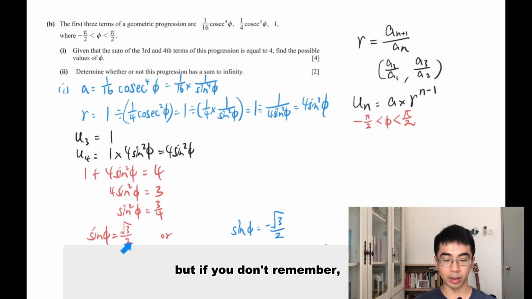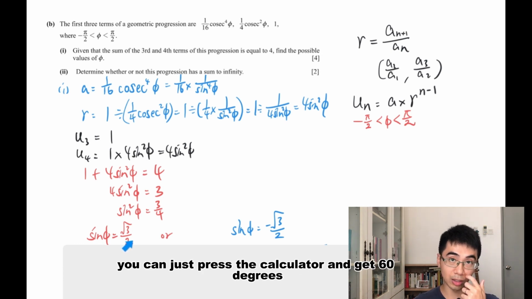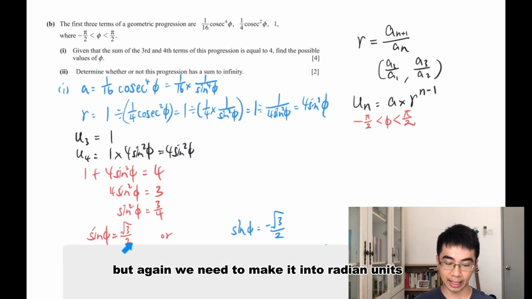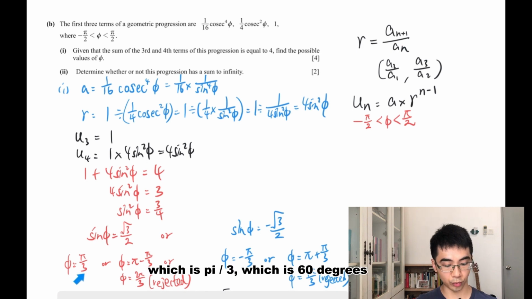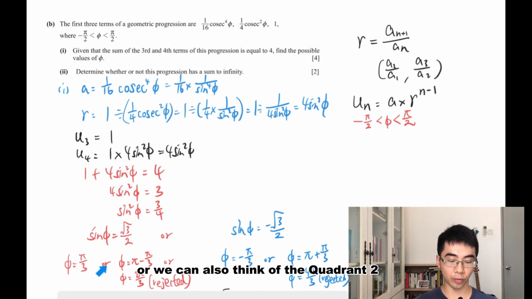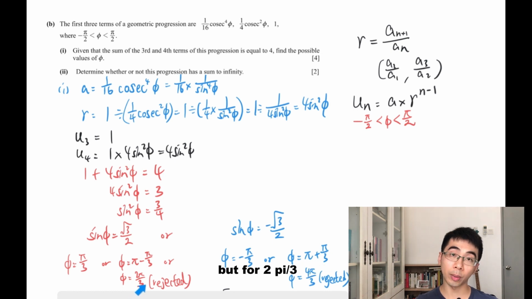If you don't remember, you can press the calculator and you'll get 60 degrees. But again, we need to make it into radian units. For the red one, you have two values: pi over 3, which is 60 degrees, or we can also think of quadrant 2, which is pi minus pi over 3, which is 2 pi over 3. But 2 pi over 3 is larger than pi over 2, so it is rejected.